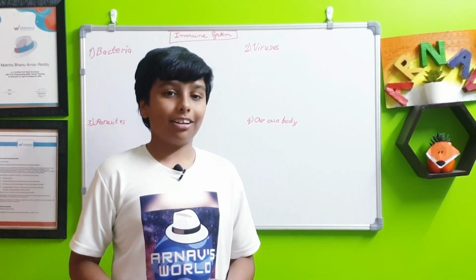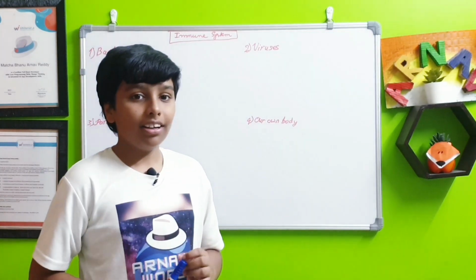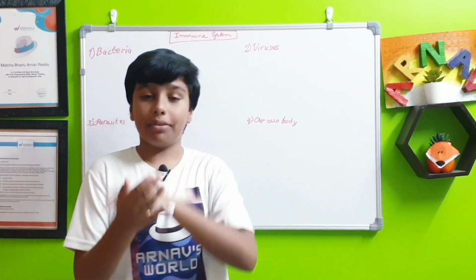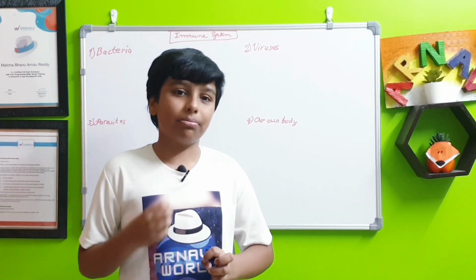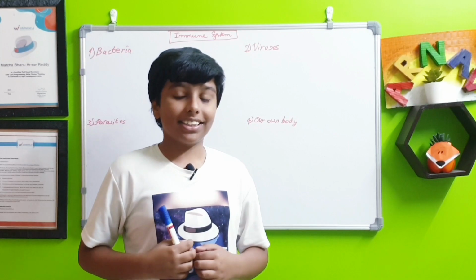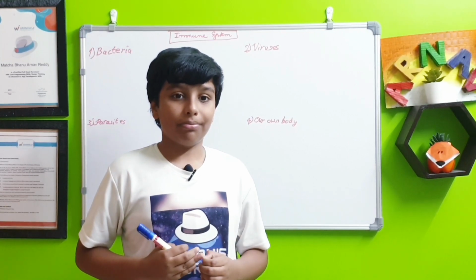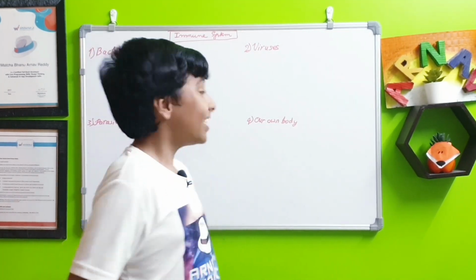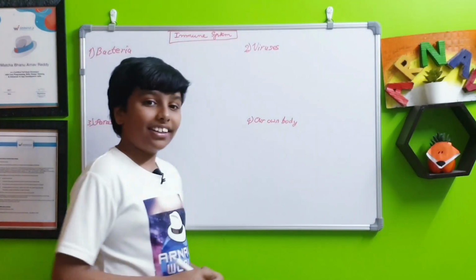Bad bacteria are the selfish ones which come and attack, while with good bacteria, we just coexist. We give them food and resources, and they do something in return. For example, E. coli bacteria will digest food in return for some food. So that is about bacteria.